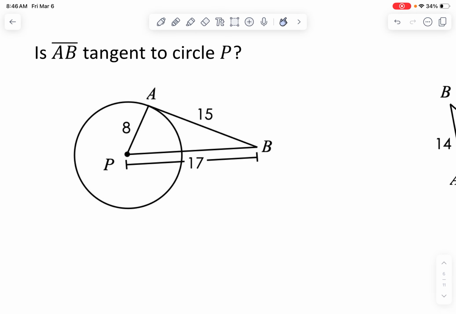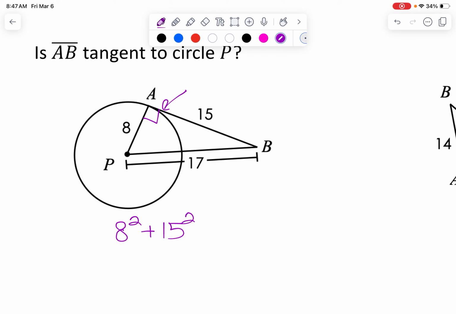This says, is segment AB tangent to circle P? Okay, so in order for that to be the case, this has to be 90 degrees. We don't know if it's a tangent. So you'll notice this is a triangle. In order for this to be 90 degrees, the Pythagorean theorem should work. So if I go 8 squared plus 15 squared equals my hypotenuse squared, if that works, then the answer is yes.